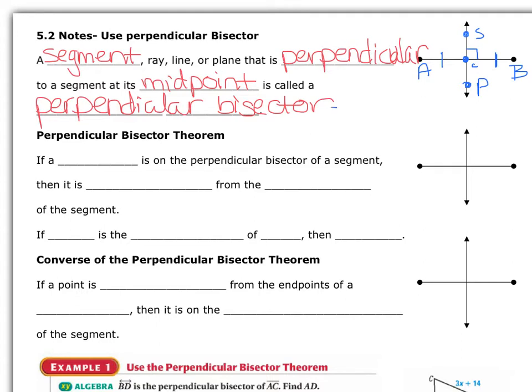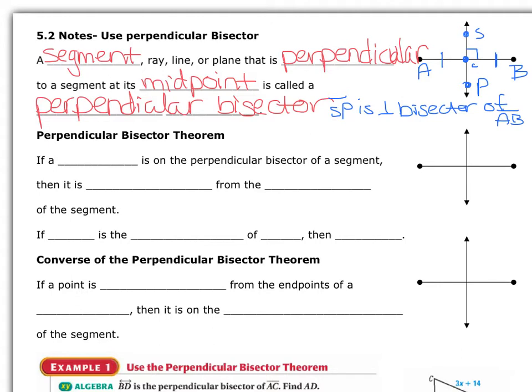So right now, this segment SP is the perpendicular bisector of segment AB. So basically the way you want to look at this is that SP is the knife and it's cutting AB in half. So whichever one it tells you is the bisector, then the other one is the one getting cut in half. We don't know anything about SP, we just know AB is cut in half.